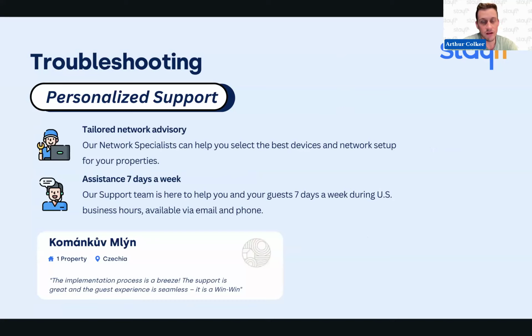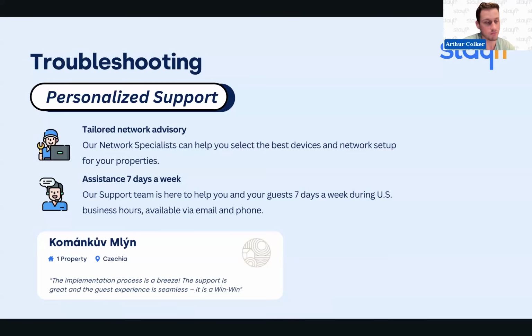And then finally, through the StayFi portal, you can get the network help that you need when it comes to both setting up properties and maintaining your networks. Our support team is available 7 days a week during US business hours via email and phone. So if you are having issues in particular properties, if you're not sure how to set up Wi-Fi in a property, or you need help meshing in a property, or even just need advice when it comes to setting up more complicated networks.